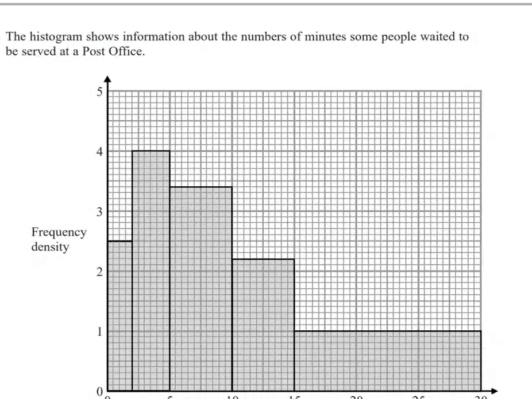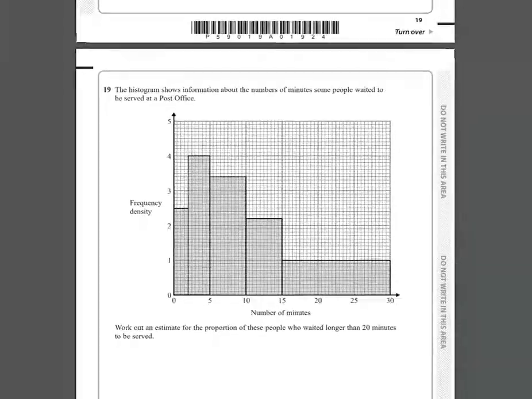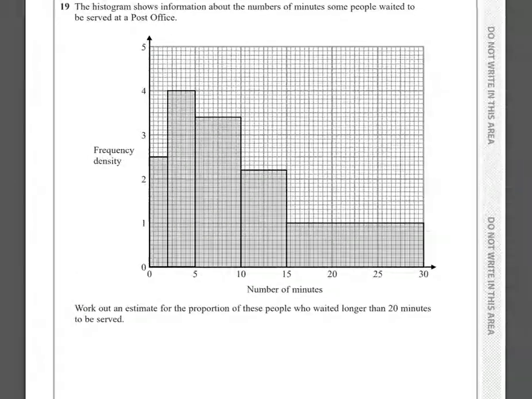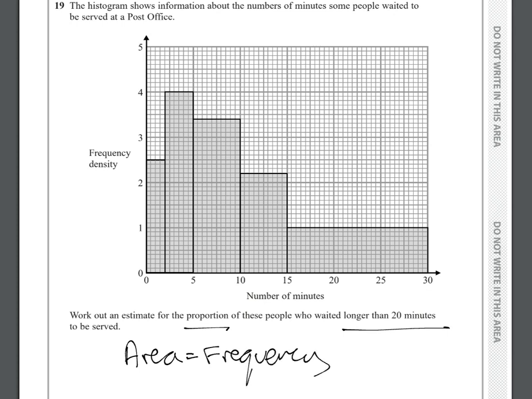Let's keep going. Histogram. Work out the proportion of these who waited longer than 20 minutes. Proportion. Okay. Histogram, area equals frequency. So there's 20.